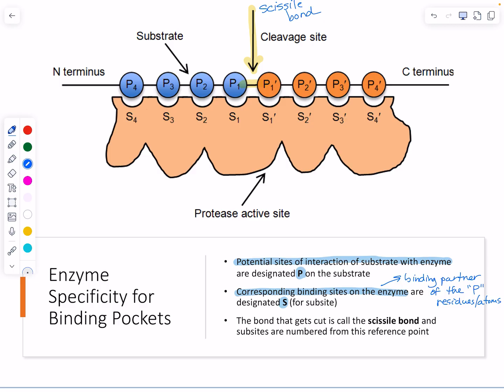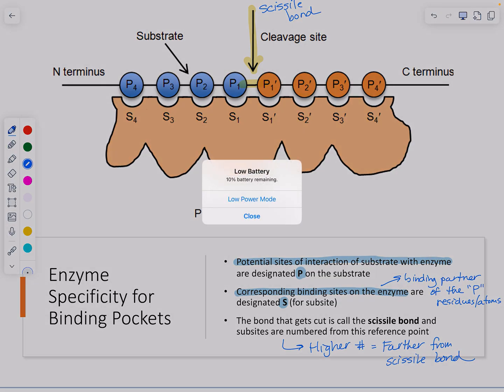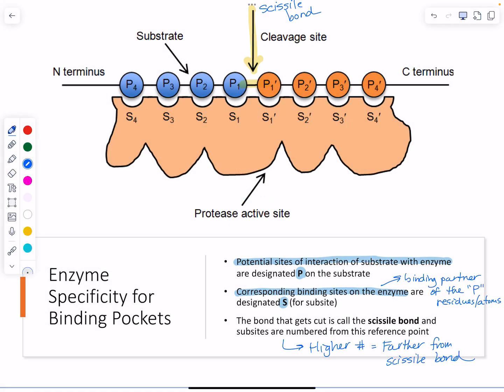So the higher your number, the farther you are from the scissile bond. If you're looking in the literature comparing proteases, this is what you'll see in terms of terminology.